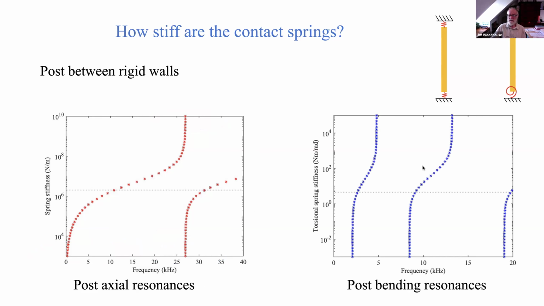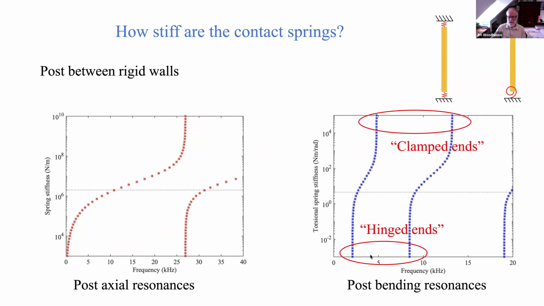The bending resonances with their torsion spring have a rather similar behavior. The post has bending resonances, and then they're restrained by these torsion springs against the hard surfaces. And you get a similar kind of thing where the frequencies go up as you make the springs stiffer. But now the lowest one doesn't go all the way down to zero.